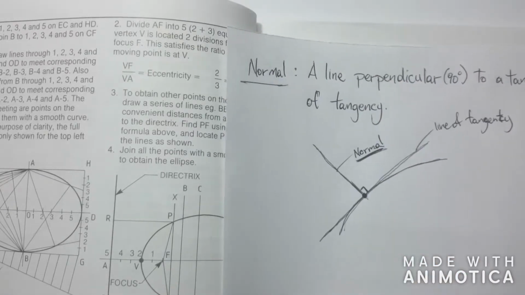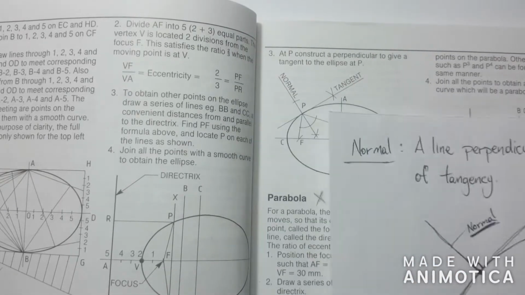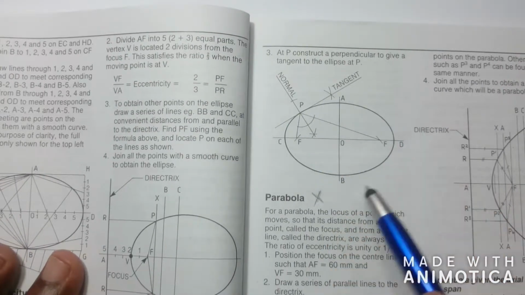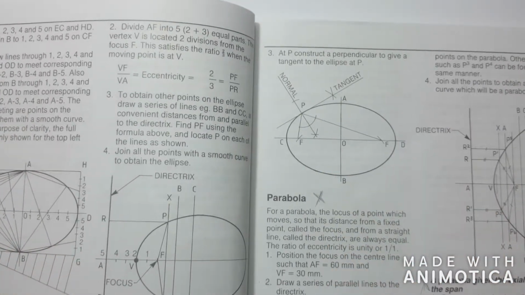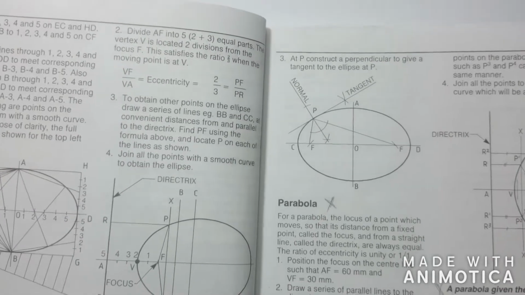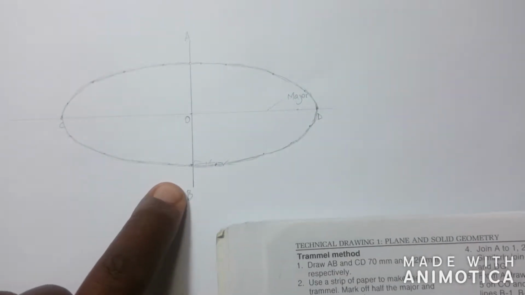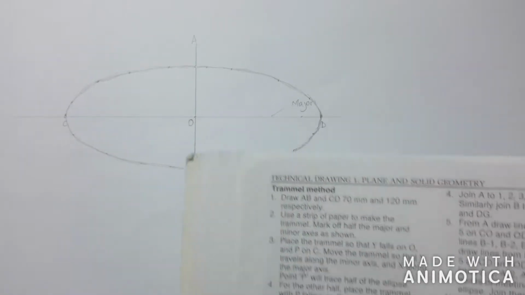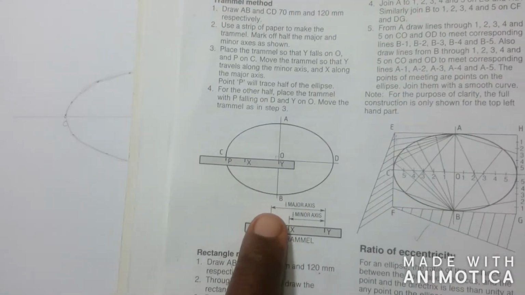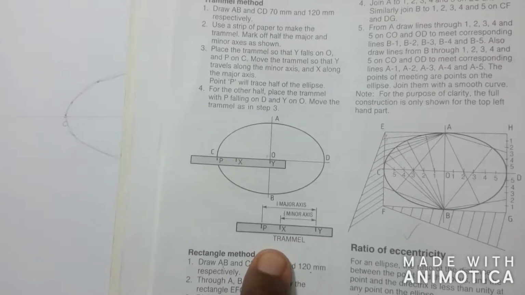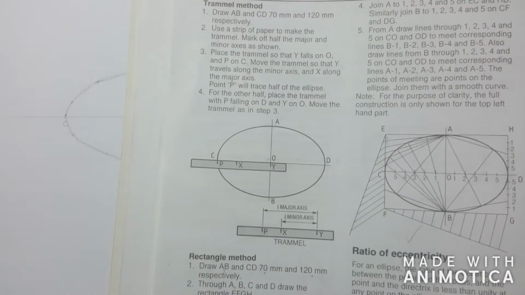Okay, so we're going to find the normal of this ellipse, and I have a drawing here that was drawn before in a previous video using the Trammel method. If you haven't checked out that video, check it out.